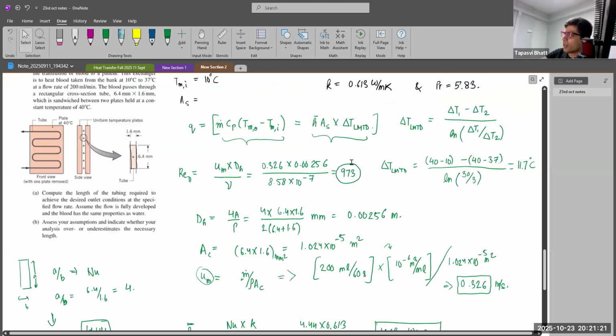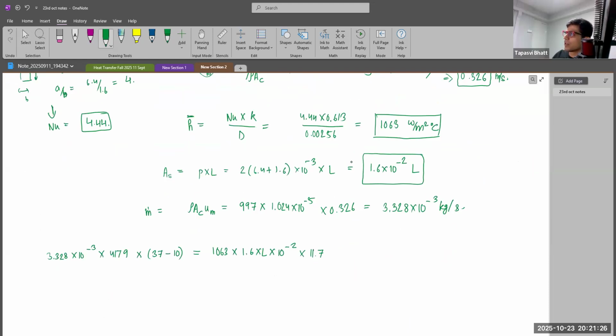Delta T LMTD, which is 11.7. From this, we want to calculate L. We get L as 1.9 meters.